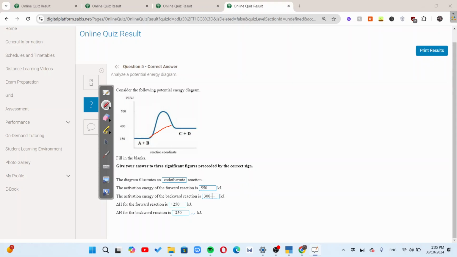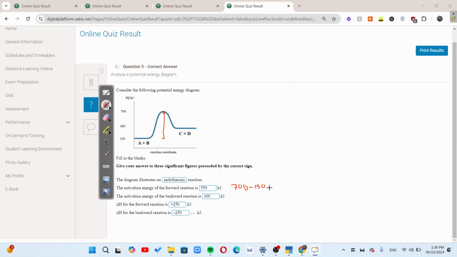The activation energy, like we said, for the forward reaction: let me erase this. The forward is from this point, which is around 150, all the way to your highest point, which is at 700. So to get this one, you need to do 700 minus 150.